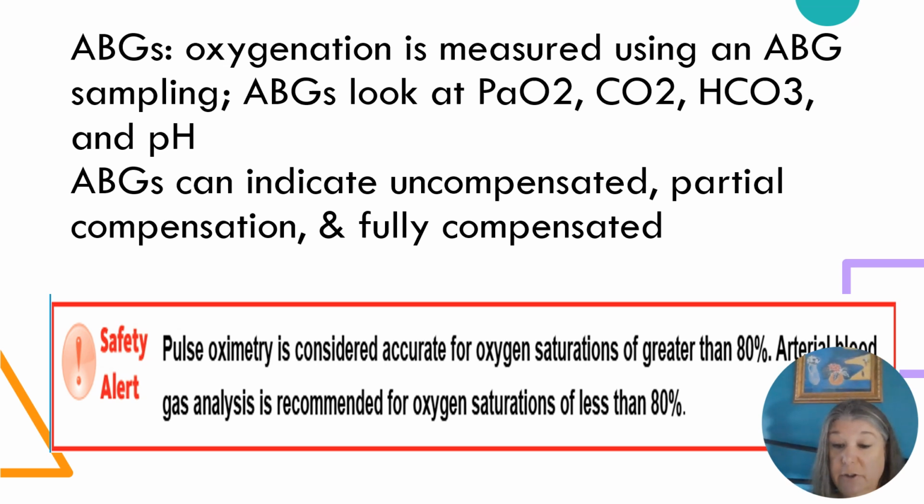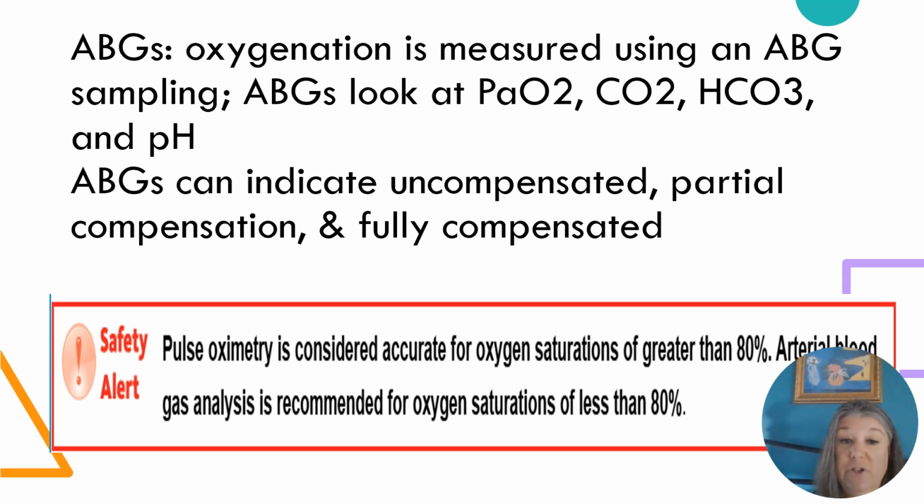The SaO2 is what we measure on your pulse ox, right? That's the oxygen carrying capacity of the hemoglobin, and that uses the pulse ox. And that's perfectly fine, telling us where our O2 is at, all right? But that doesn't tell us about our acid-base balance. So our PaO2 is the O2 that we look at related to acid-base balance, all right?